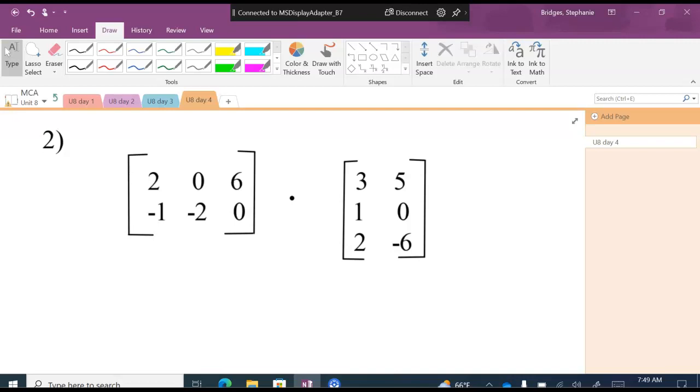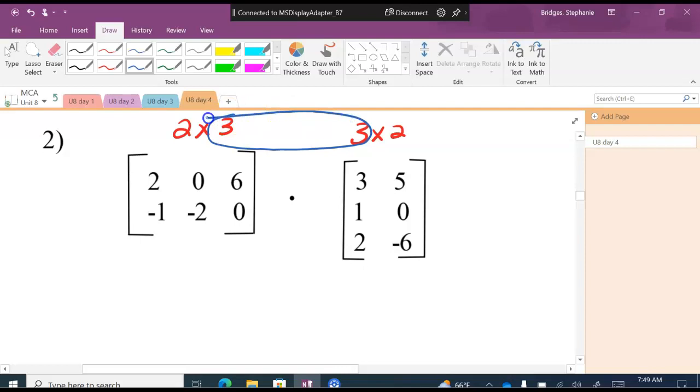What's the size of the first one? How many rows by how many columns? 2 by 3. And then the second one is a 3 by 2. So can we multiply? Yes. And then what size is our answer going to be? 2 by 2. Other than that, the process is going to be exactly the same now that we know we can multiply.